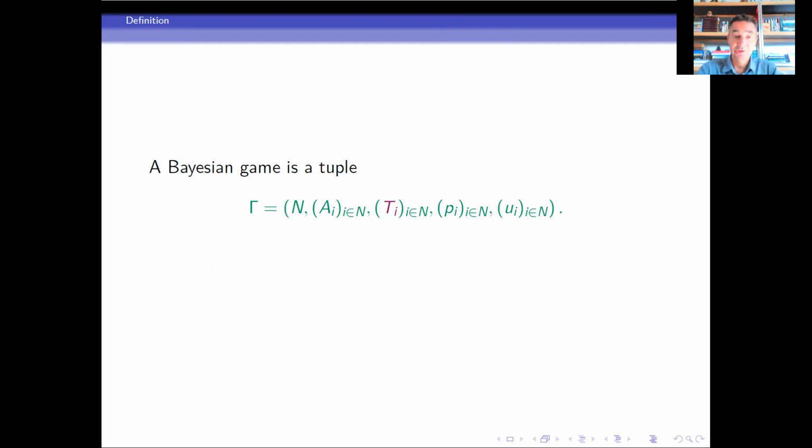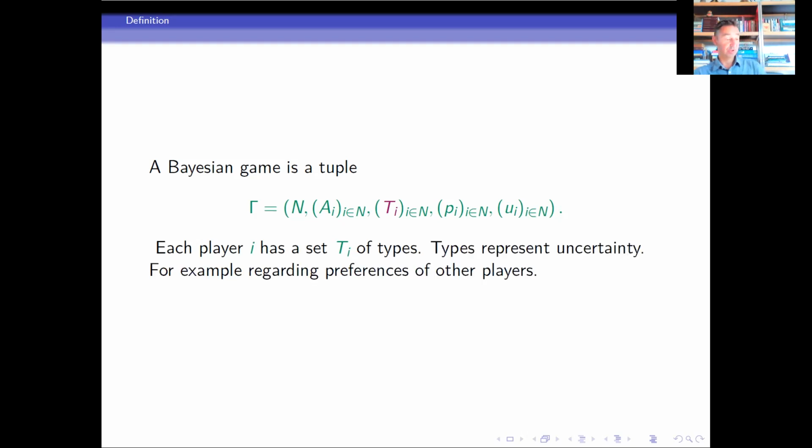The next one is T_i, the types. Each player has a set of possible types. And types represent, you could say, the uncertainty that players are facing. So, for example, you may not know exactly the payoff function of your opponents, of the other players, if you're one of the players in the game. And that uncertainty is then modeled by different types. So if you have a certain type, then you think that the other players will have such and such payoff functions.